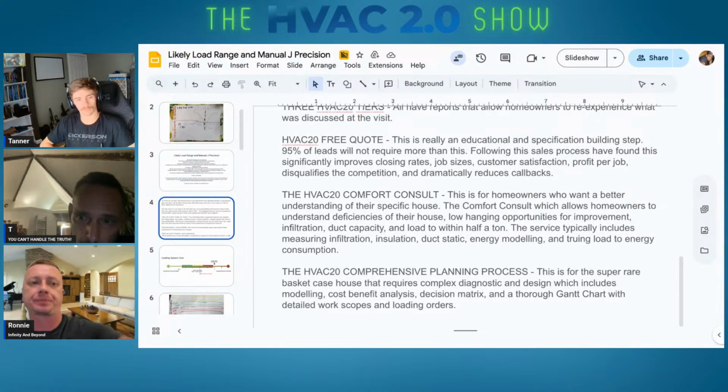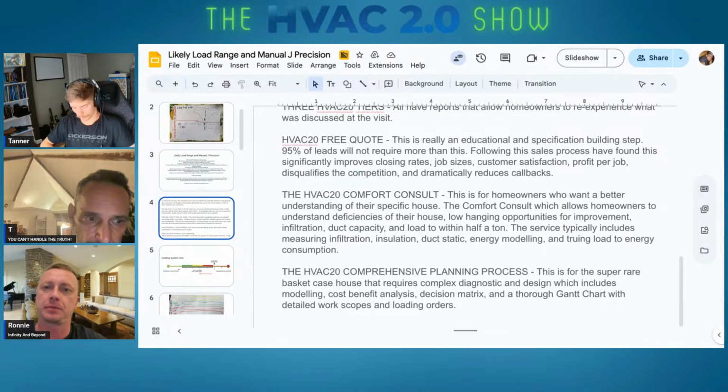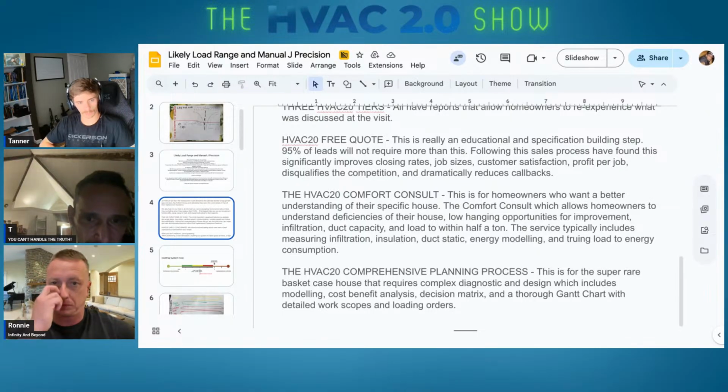And when he redid the attic with spray foam, he also put in an Infinity system that was much smaller than the system he took out. And the improvement in comfort went through the roof, to the extent that Ronnie said to me, I don't think this house could get a whole lot more comfortable.